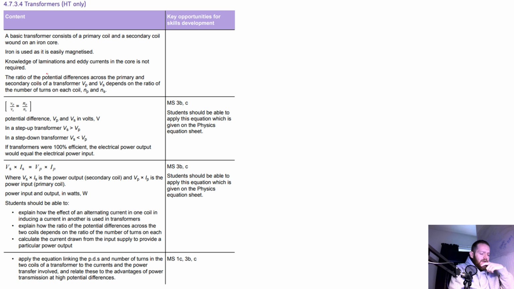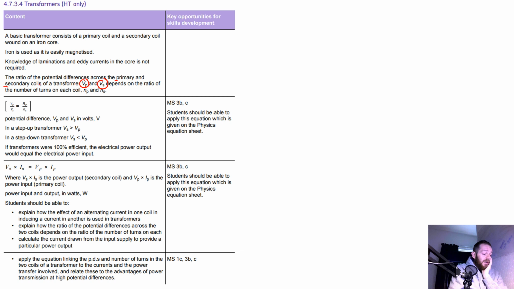The ratio of the potential differences across the primary and secondary coils of a transformer, and we've got VP and VS. Well, we've just been told potential difference across primary, P, and secondary, S. Potential difference, voltage. So VP means primary voltage, and VS means secondary voltage.